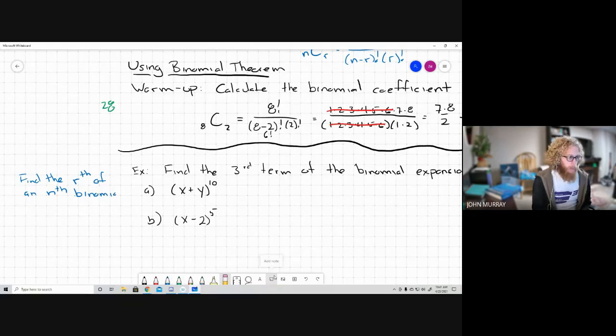Actually, we'll say nth. So we want to find the rth term of an nth power binomial expansion.